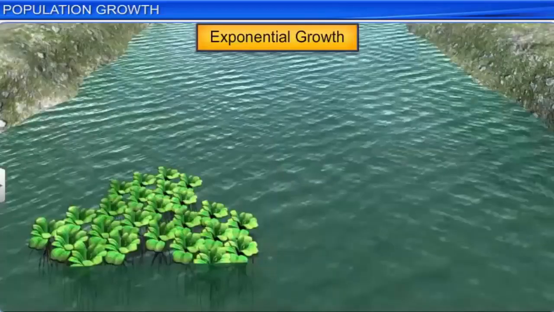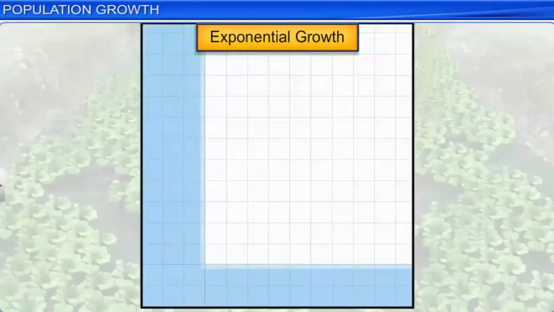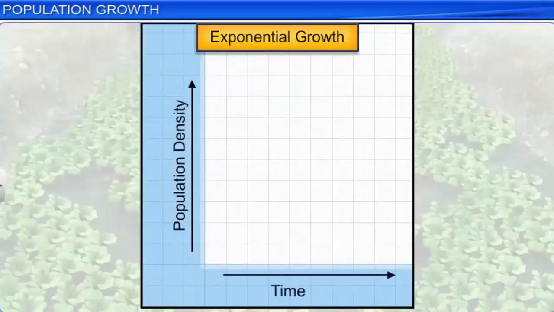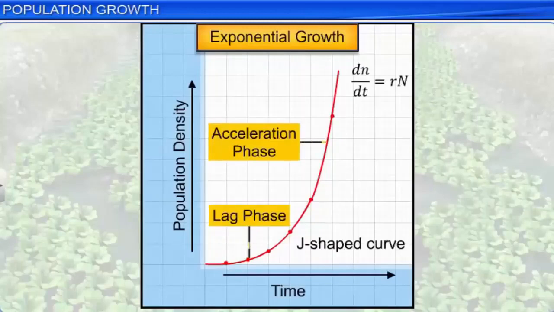Now, to determine the population growth pattern of the Pistia plant, we plot various readings of population density against time. On plotting the readings, you will notice a J-shaped curve which shows two phases, a lag phase followed by an acceleration phase.